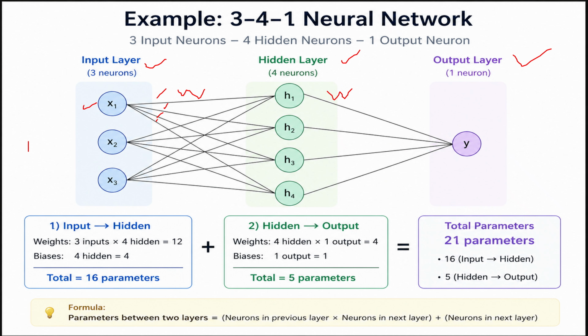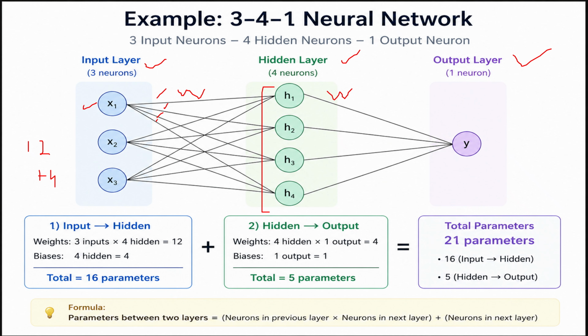So the total number of connections here is going to be 12. Then, based on the number of neurons in the hidden layer, that many biases are also added. Here you see 4, so I'm going to add 4 as well. So 12 plus 4 gives a value of 16.